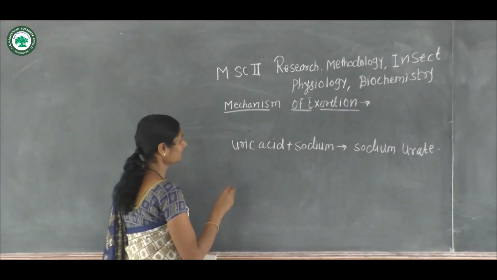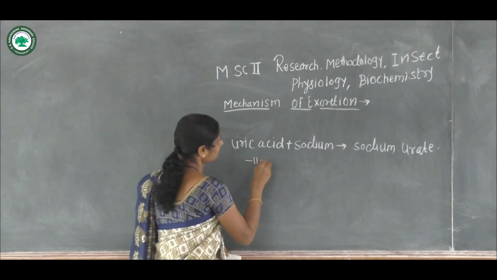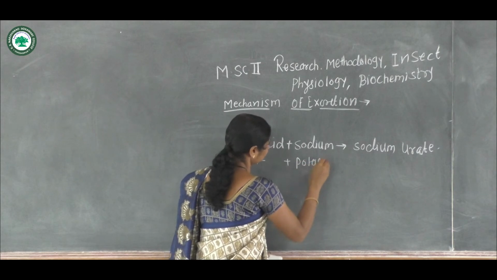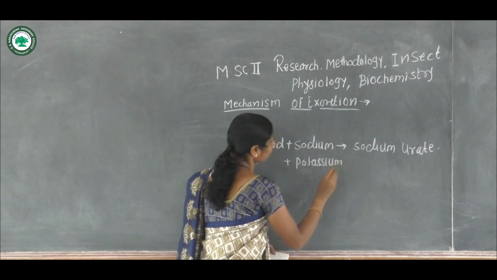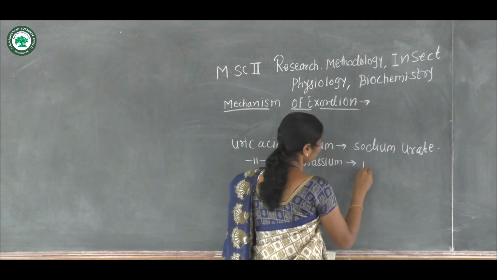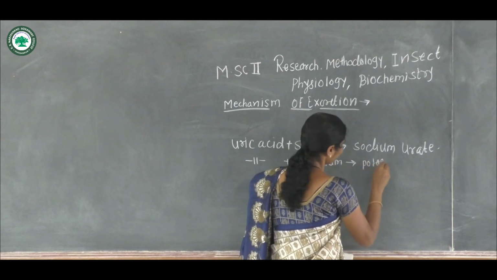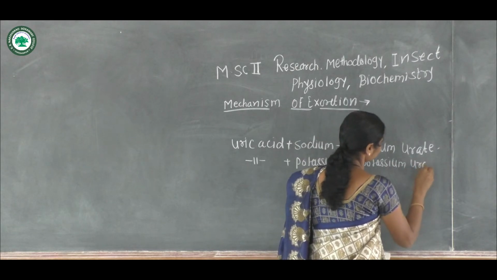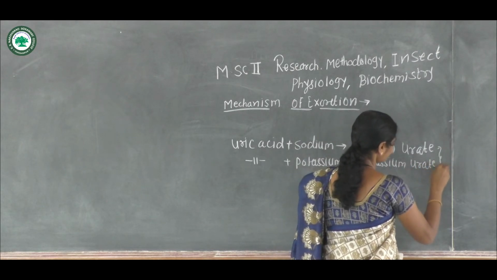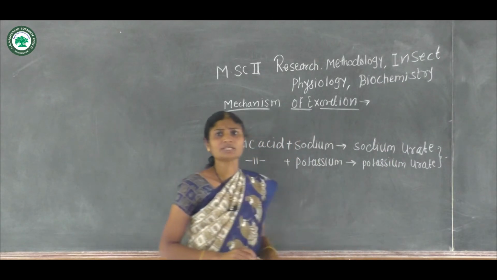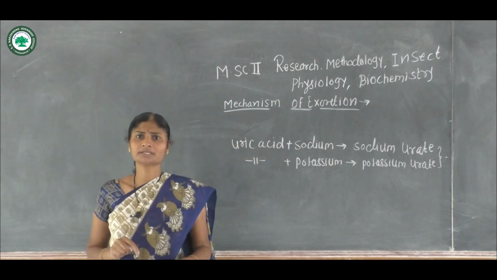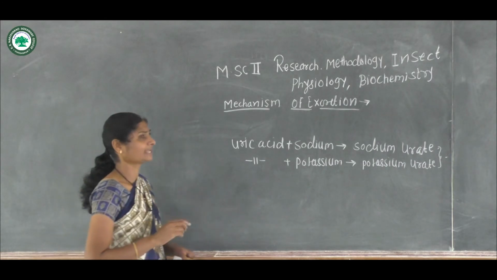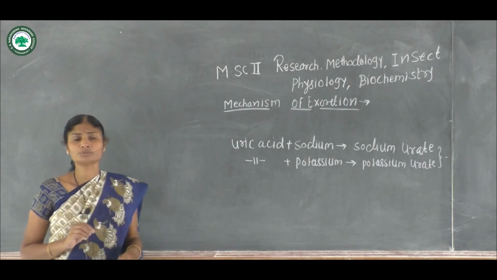Again in the hemolymph, uric acid combines with potassium and converts into potassium urate. These substances are easily soluble in water and easily absorbed in the Malpighian tubules.